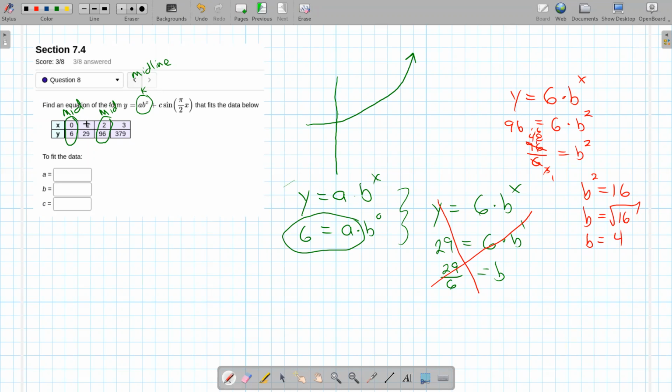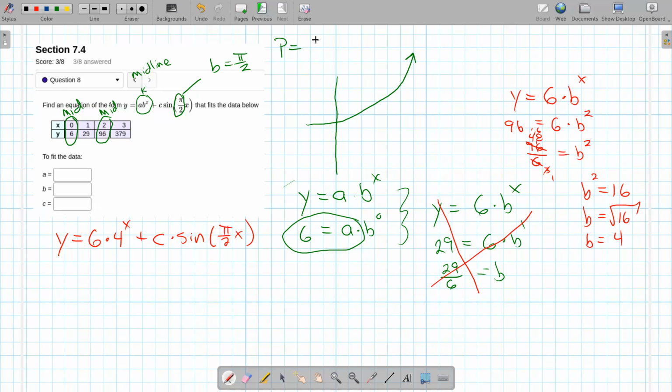All right. And then these other points are going to help me figure out what the sine is. So now I have my a and my b. So y equals 6 times 4 to the power x. Now we have to figure out the c times the sine of pi over 2 x. And I should have looked at that pi over 2 right away. So think about that for a second. That's my b.